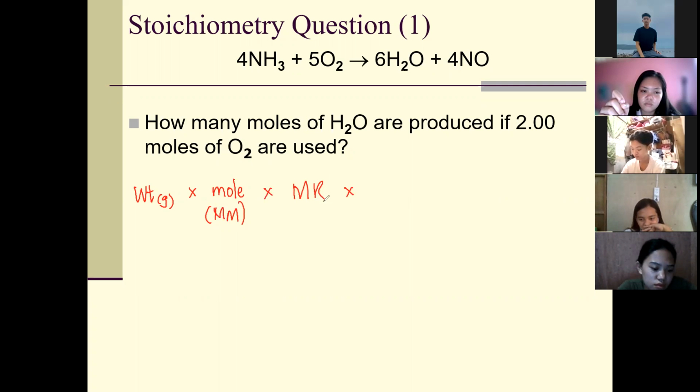And lastly, since the answer after multiplying the mole ratio is still in moles, pwede natin siyang i-convert back into grams just by multiplying it again by the molar mass. This is the whole pattern, but we can divide this one depende kung ano yung hinahanap natin.